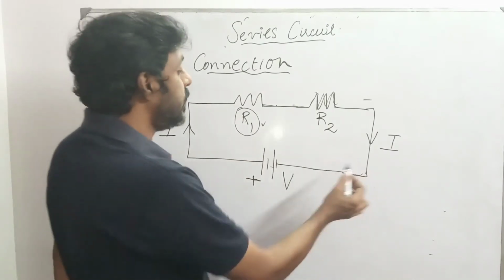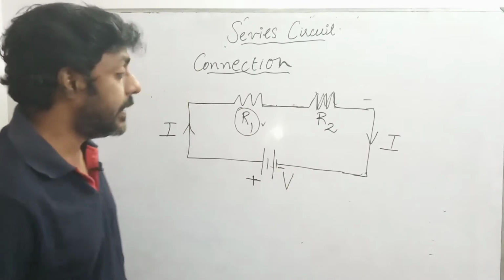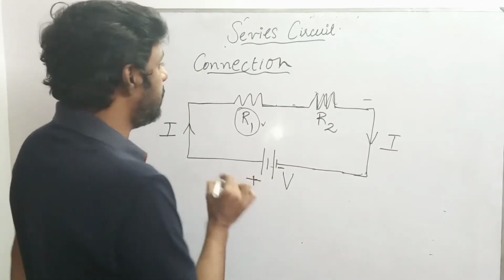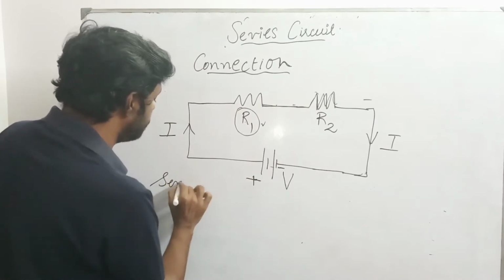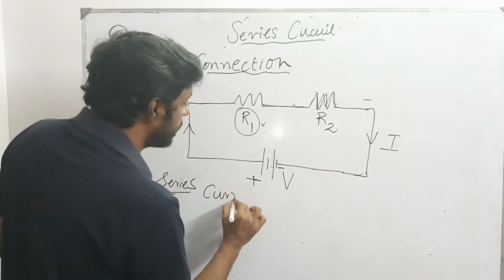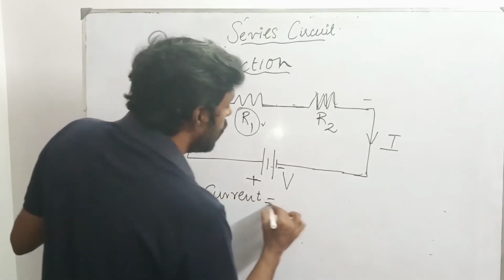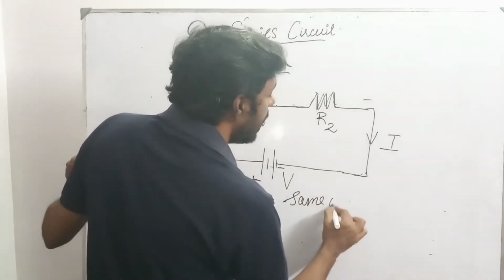Now, in a series connection, the current value will always be the same or equal.